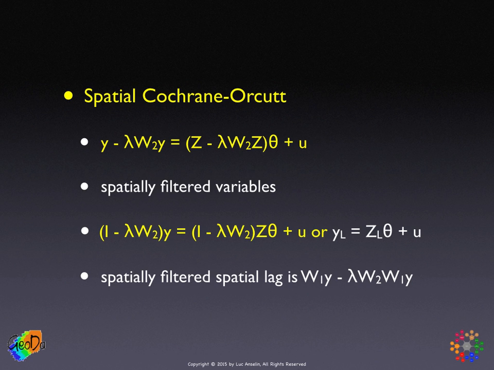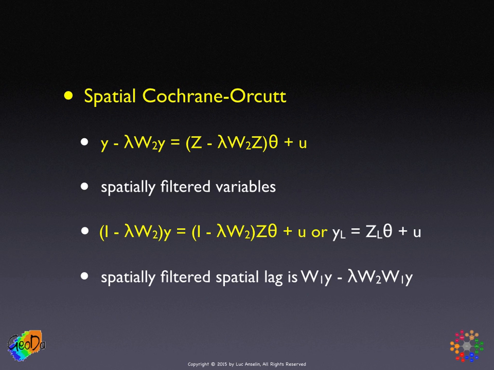So we can express this concisely by the spatially filtered y as a function of the spatially filtered z, the theta parameters, and then the error term. The spatial lag is a little bit more complex, but mechanically it doesn't make a difference, but operationally it means we have actually two spatial weights matrices involved in the spatial lag.